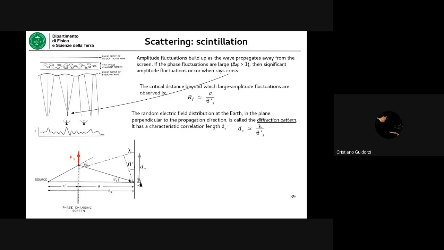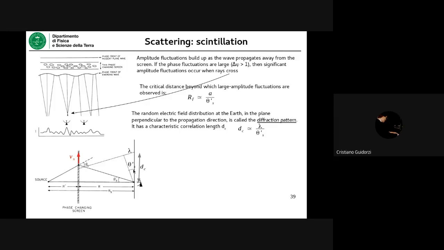Okay, so if I want to measure the correlation length, I have to take 2 rays whose corresponding paths differ from one another by a spatial quantity which is comparable with lambda. But you see here, for any two rays that you consider, their angular difference cannot be larger than theta s prime.